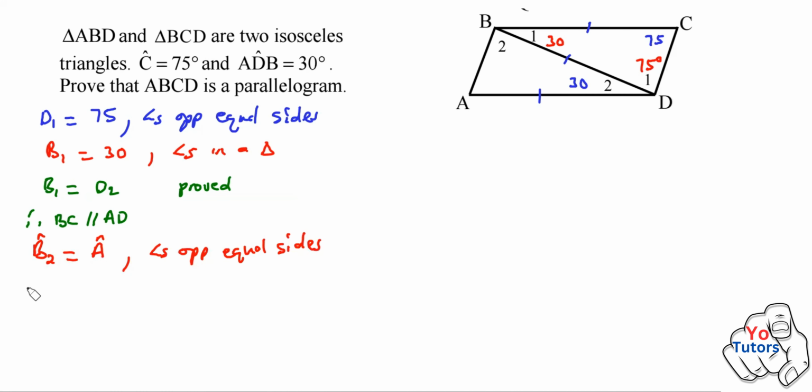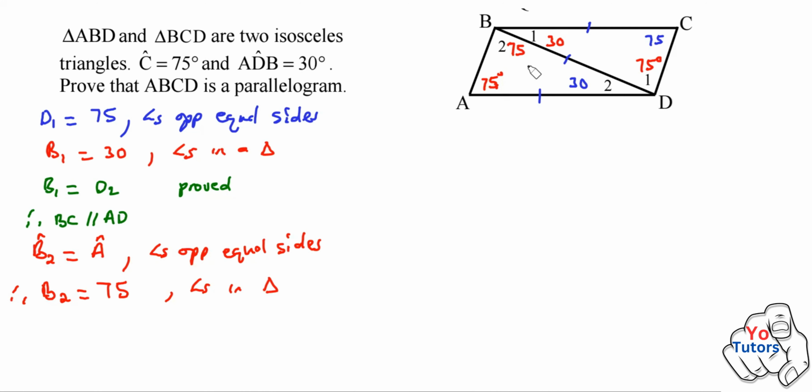So in that case, B2 will be equal to 75. Okay, so B2 there will be 75. And now when you get B2 equals 75, these are also angles in a triangle. Here A is going to be also 75.